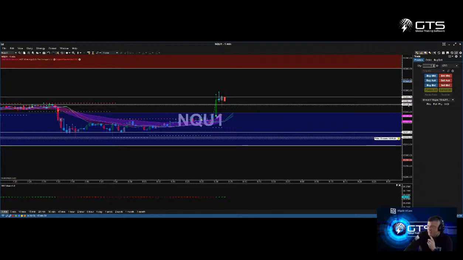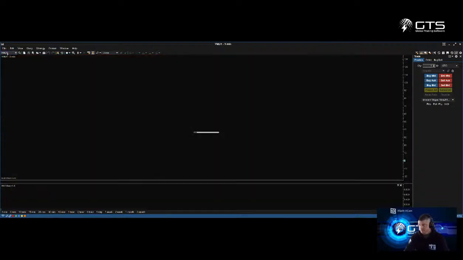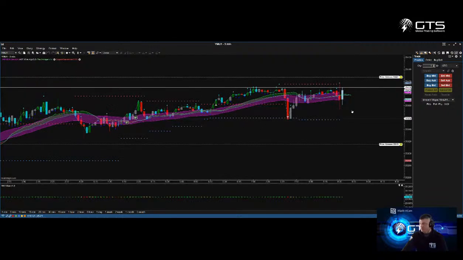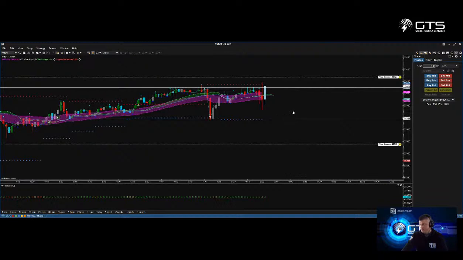Because remember that 47. That 47 is at the top of that zone right there. The top of the data range right there. On the NQ. Let's check out the YM. Because it was looking really strong. Not a whole lot right there, actually.